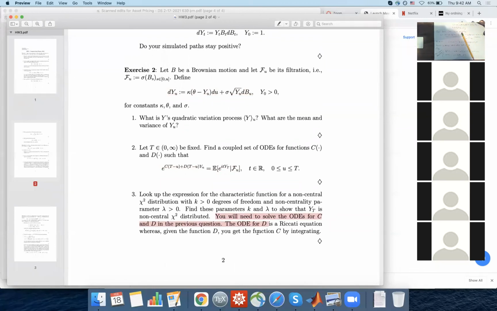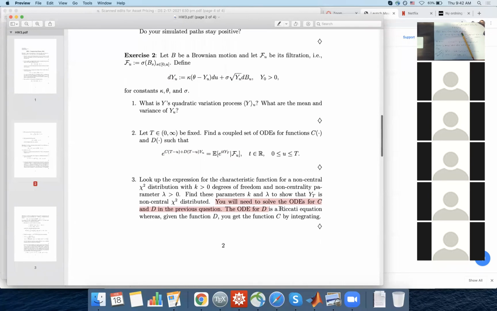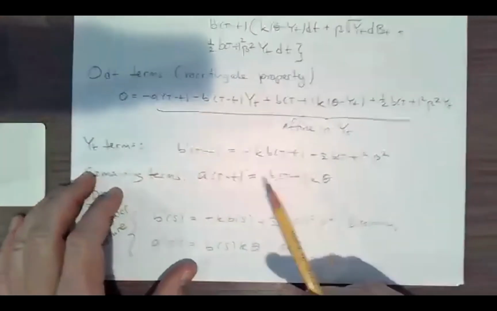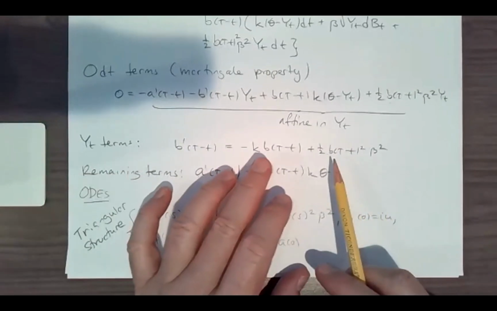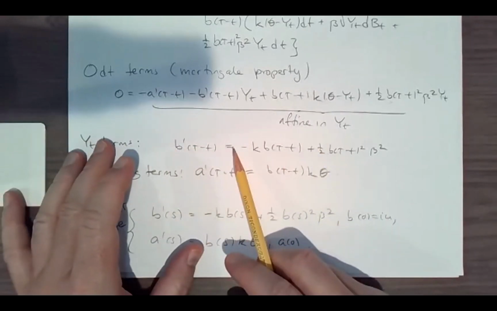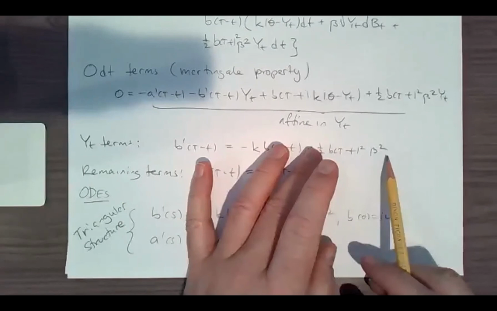And the key word there, when you start Googling around for it, is to search for something called a Riccati equation. So this is the key word that you want to use. Look up Riccati equations. That's what you get out here for the equation for D. This is an example of a Riccati equation. These are the ones where the B prime is given as a square function of B itself, right? There's no constant coefficient here, but then there's a linear term and there's a square term.